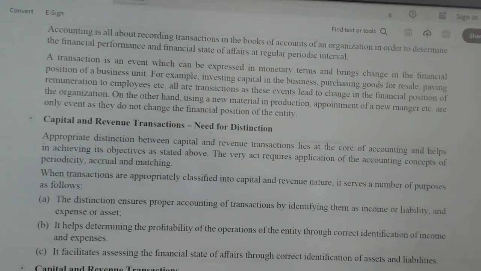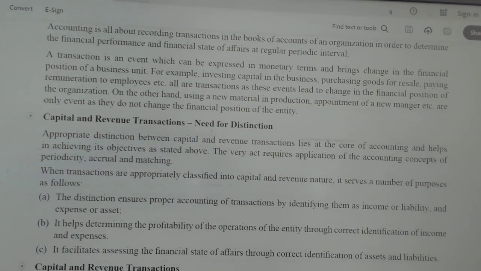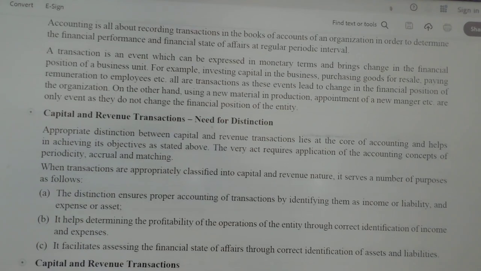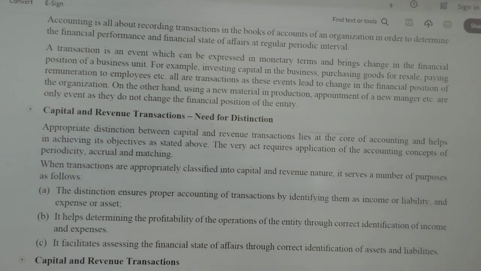Let's discuss why we have to study the concepts of capital and revenue transactions. What is the need for this?